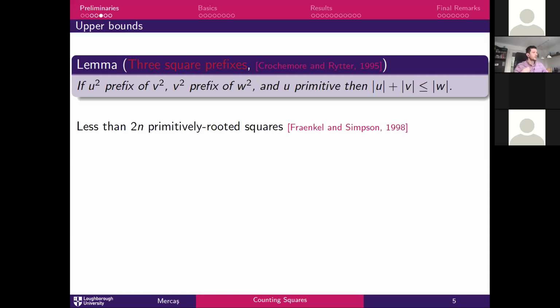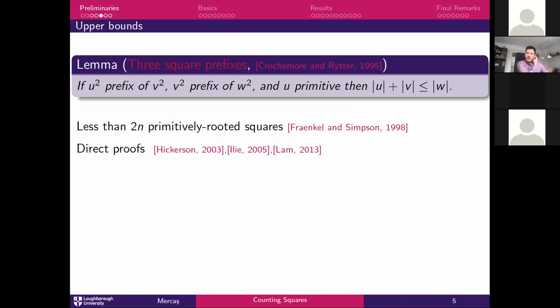log n. But this basically brings me to what's the upper bound on the number of squares. So Fraenkel and Simpson proved that if you're looking at all of the number of squares that you can have in a word, then that is bounded by 2n. And they used actually this three square prefixes lemma for this.